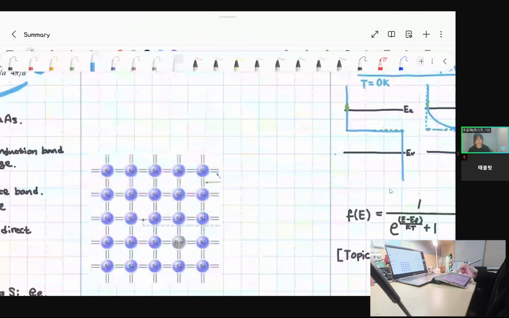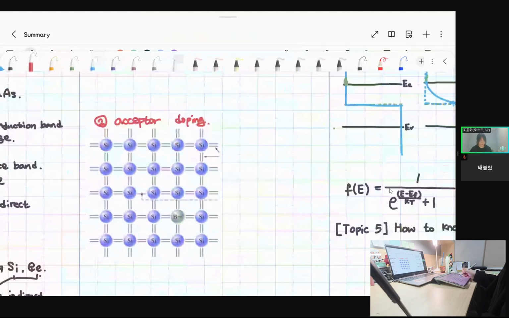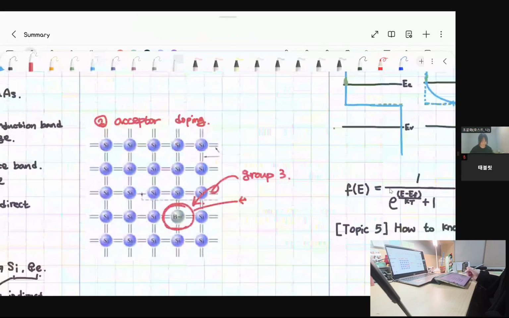The second case is acceptor doping. In this case, we usually use group 3 impurities, and we usually use boron. Boron has 3 peripheral electrons.